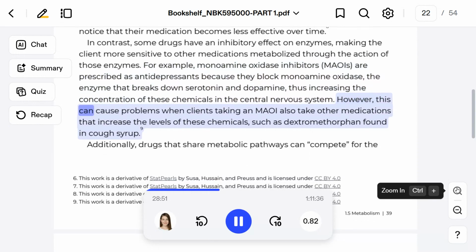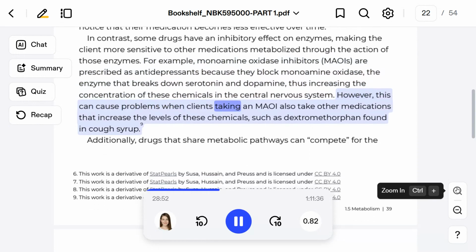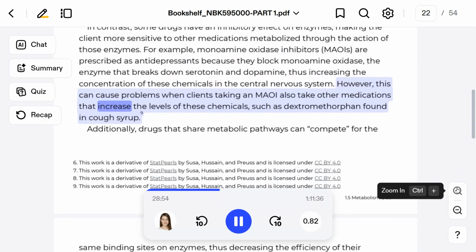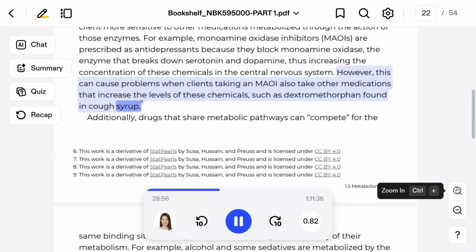However, this can cause problems when clients taking an MAOI also take other medications that increase the levels of these chemicals, such as dextromethorphan found in cough syrup.